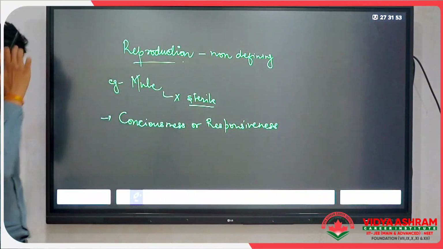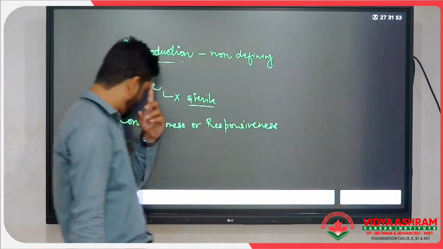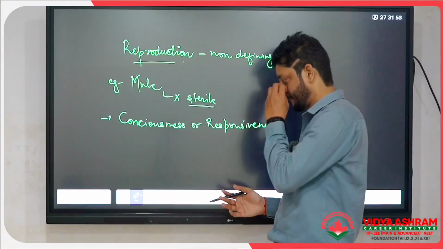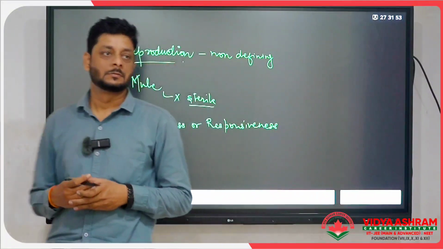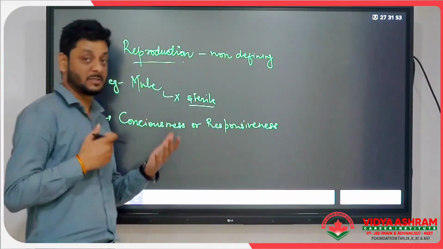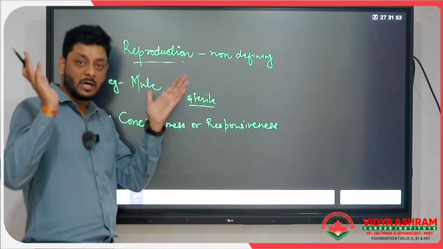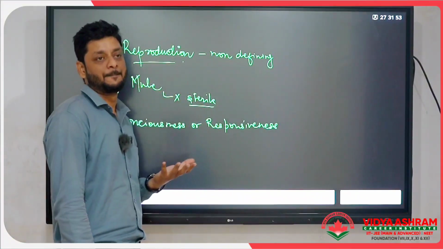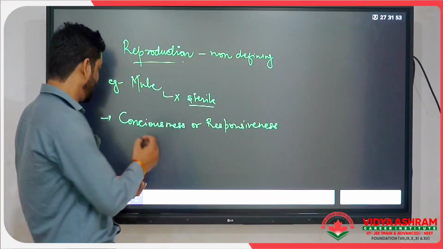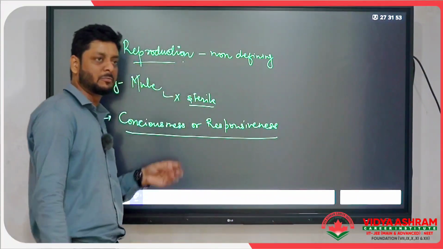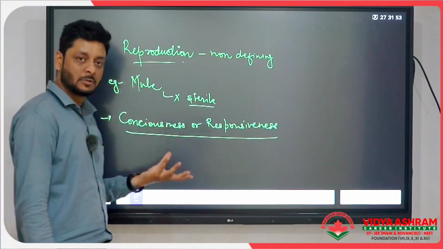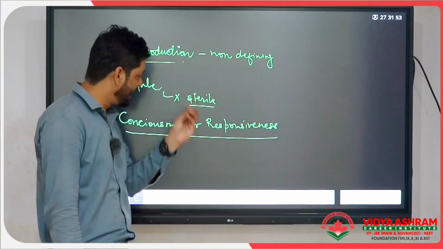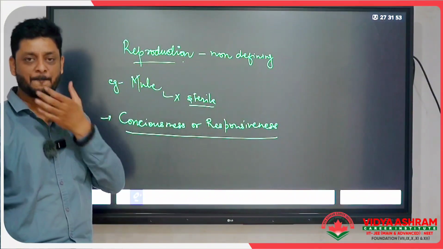Consciousness or responsiveness is the ability to show a response to your environment, to any change in your surroundings. If there is any change in your surrounding and you respond to that change, that is called consciousness or responsiveness, and it is a very important characteristic feature of the living.